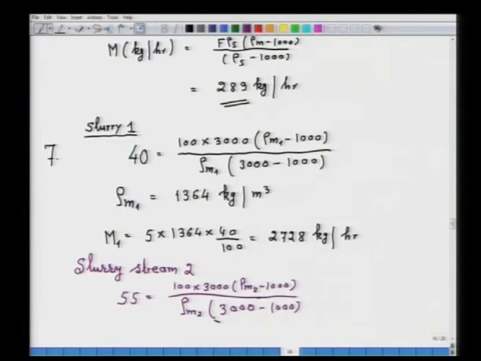If I solve for rho m2, I will get the density of slurry stream 2, that is equal to 1579 kilogram per meter cube.